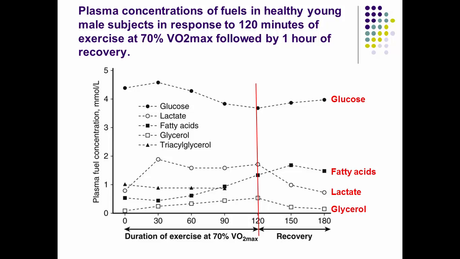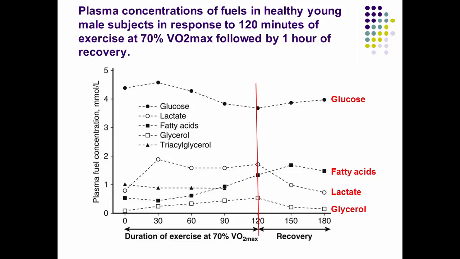That is actually regulated by hormone levels, right? Glycerol levels also increase, with a similar pattern to the fatty acids, which also indicates lipolysis. Lipolysis, triglyceride breakdown, releases both fatty acids and glycerol. And triglyceride level does not change much in the circulation during exercise.